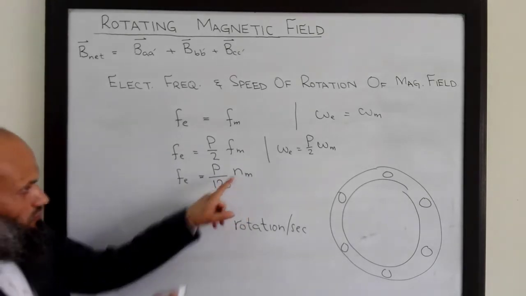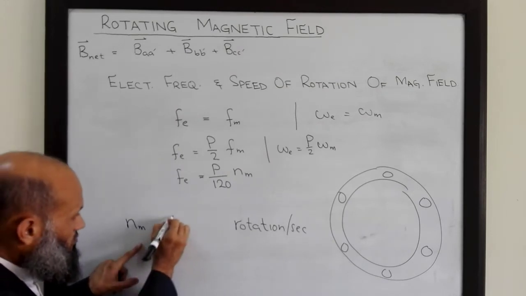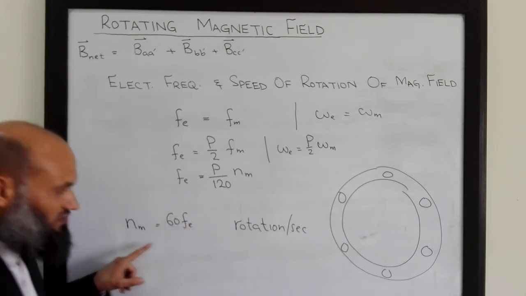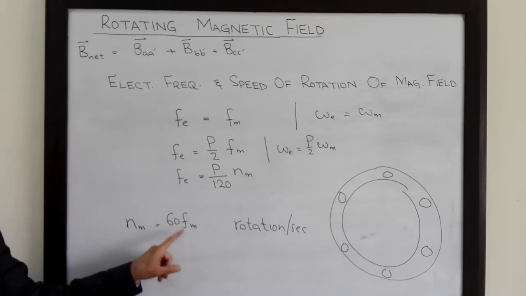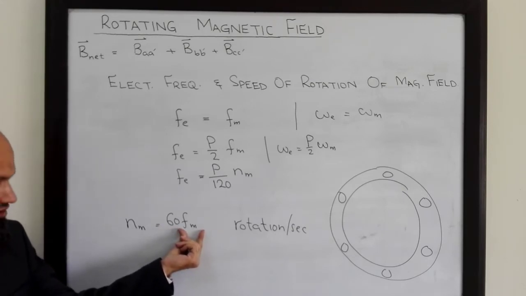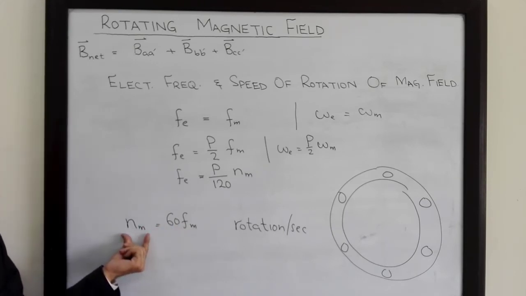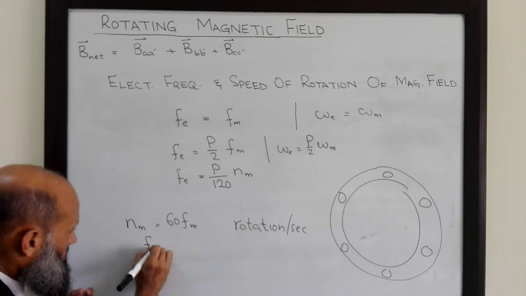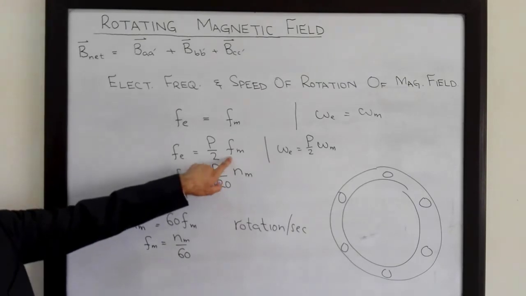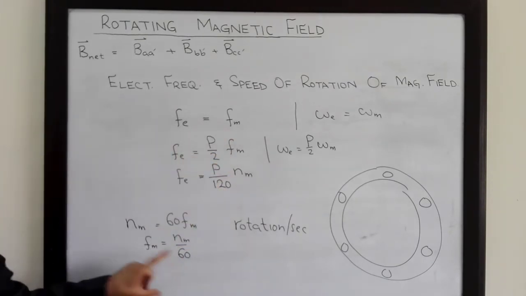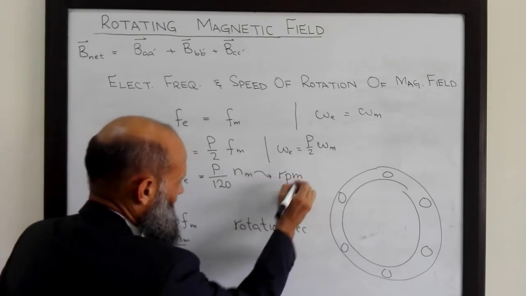Because you already know that revolutions per minute is equal to 60 multiplied by revolutions per second. If you multiply revolutions per second by 60, you will get revolutions per minute. Our Fm is simply equal to Nm by 60. So over here you have only replaced Fm with Nm by 60, where Nm is in revolutions per minute.